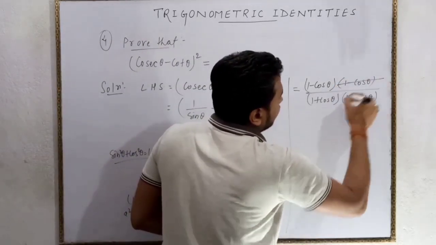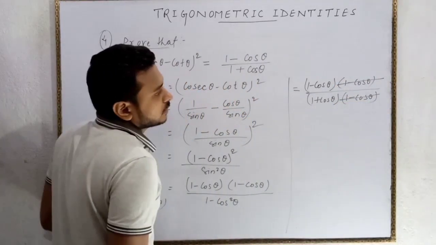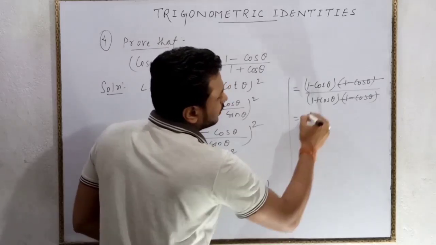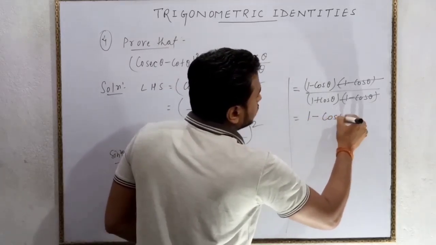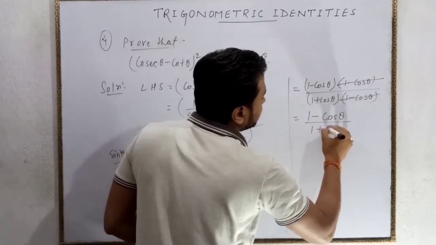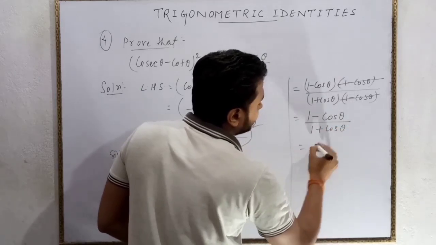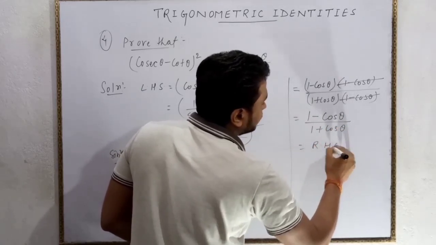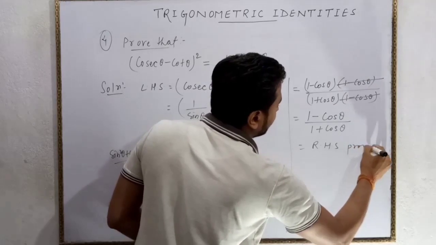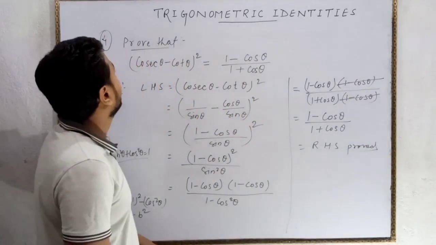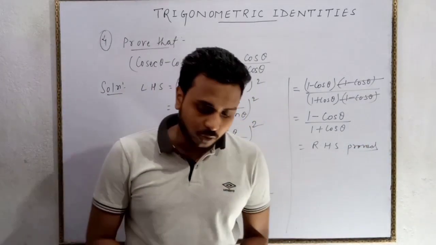Now we can cancel 1 minus cos theta with 1 minus cos theta. Then we will get 1 minus cos theta upon 1 plus cos theta, which is our RHS. Okay, in this way our fourth question has been solved.